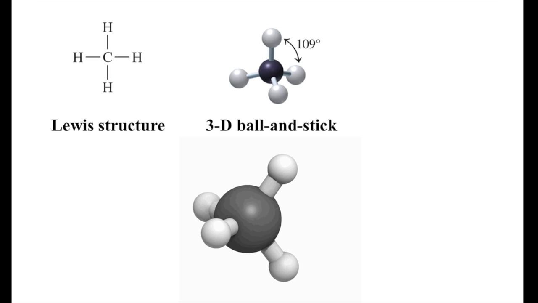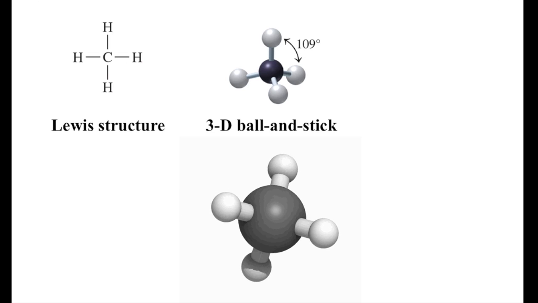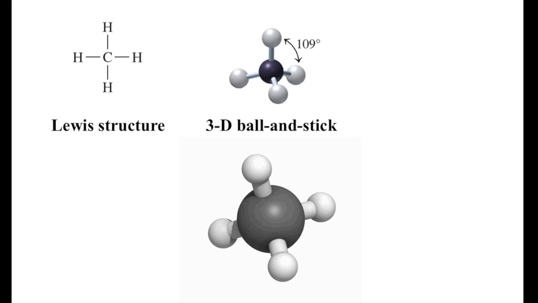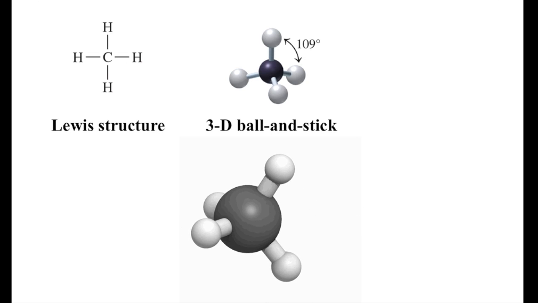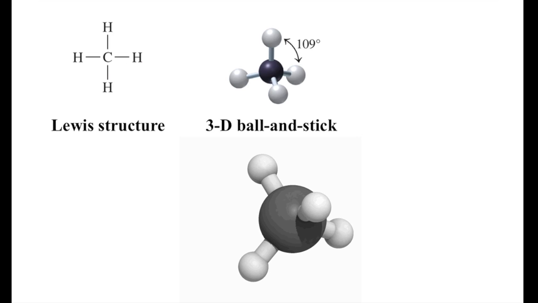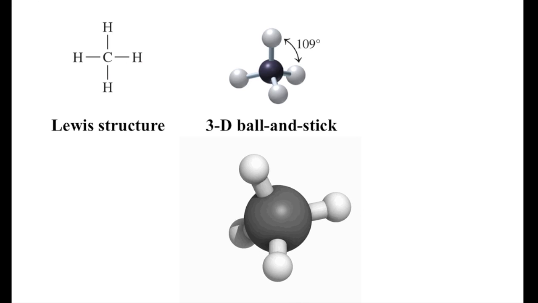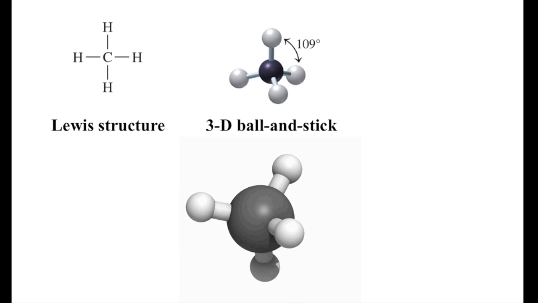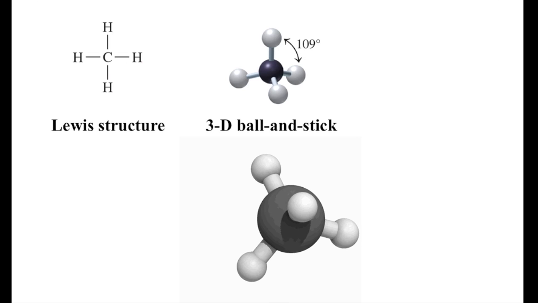But in reality, the molecule of methane looks like this, with a central carbon atom with hydrogens spiking out from the center. The hydrogens are equally spaced out with about 109 degrees of distance apart, represented neatly in this 3D ball and stick model.